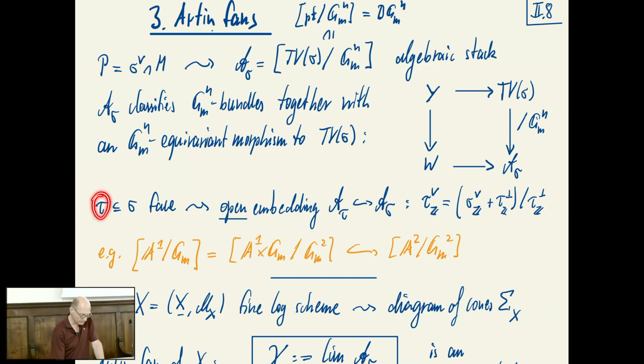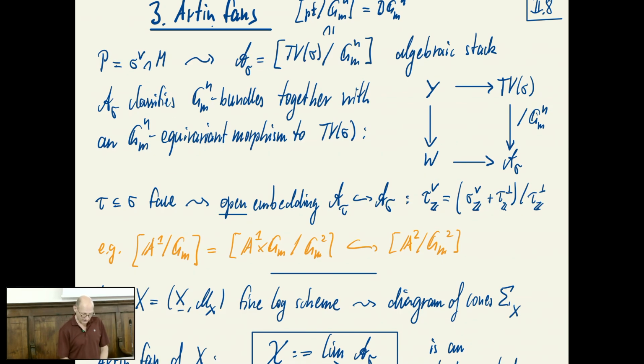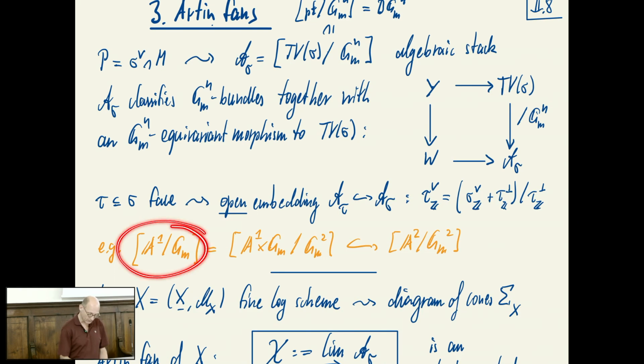You can compute the dual of this guy in this fashion, and concretely, let's say we take sigma to be R larger or equal 0 squared, and then look for tau as one of the faces. Tau would give A1 mod G_m, that you can rewrite as A1 cross G_m mod G_m squared, and that's clearly an open substack of A2 mod G_m squared. Okay, so that's what's going on. So whenever you have a face, you get an open embedding.